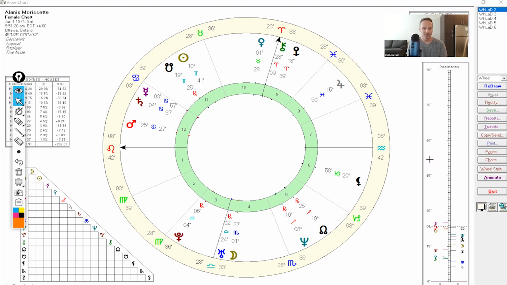And so this first chart here is Alanis Morissette. What I know about her is I used to really like her when I was younger. Really good singer. I know she's been through some different relationships. She had like an edginess to her in the beginning.